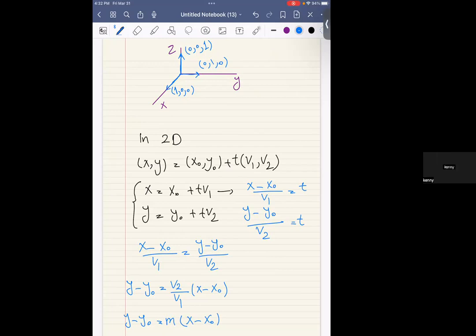It is the same thing. The last equation is called the scalar equation of a line in 2D. The equations on the top are the vector and parametric equations, and the last equation that you learn in elementary school is the scalar equation of a line.